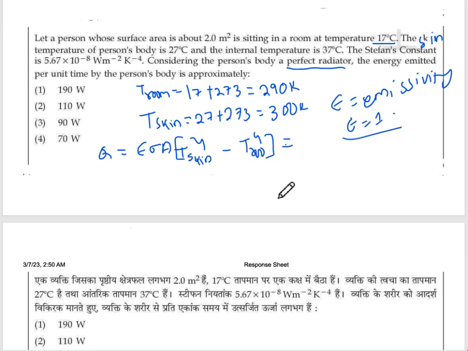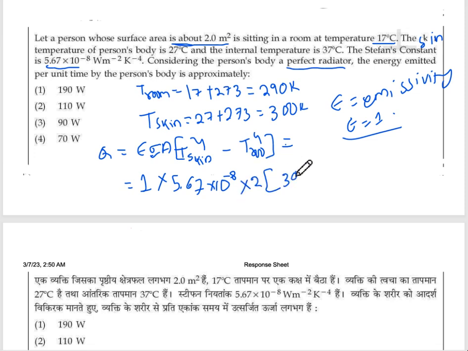Now we have to put in the values. It is 1 into sigma, the Stefan's constant, which is given as 5.67 into 10 to the power minus 8. Then the area: the question says the surface area of the person is 2, so I just put 2.